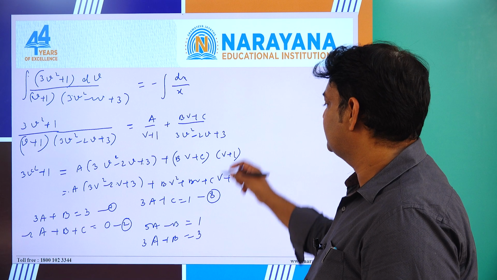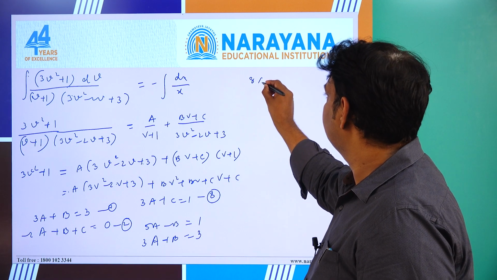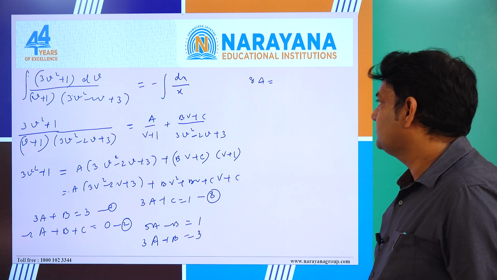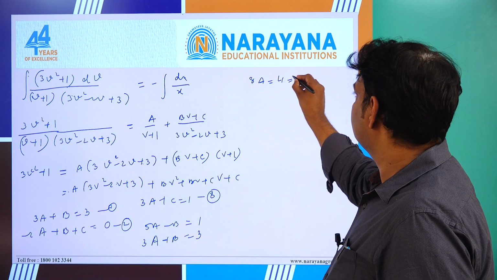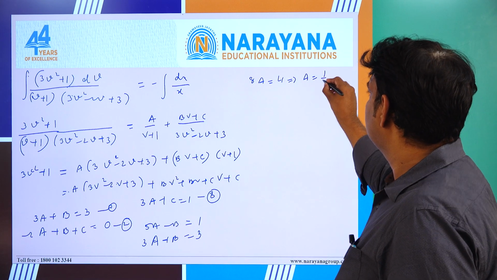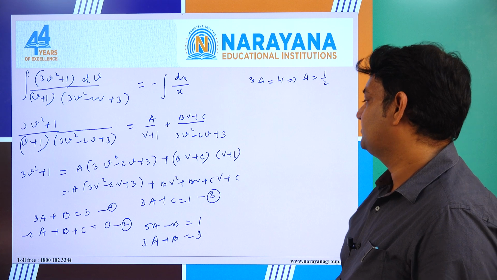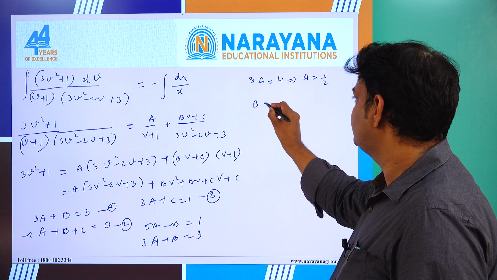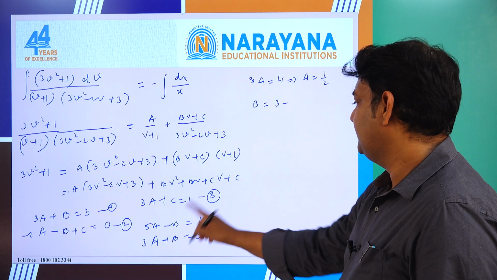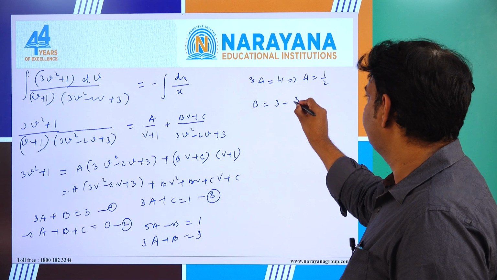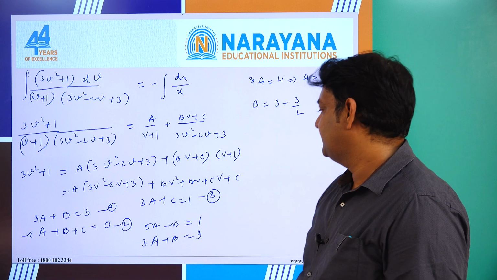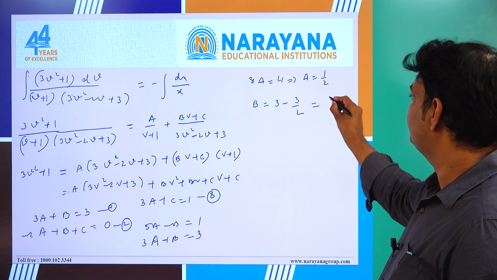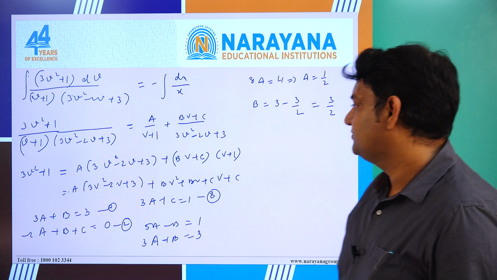Let us add 3 plus 5, 8a is equal to 3 plus 1, 4. So what is the value of a? 1 by 2. Substitute the value of a, we will get b is equal to 3 minus 3a, 6 minus 3. B is 3 by 2.